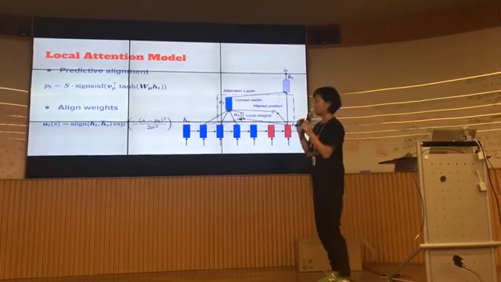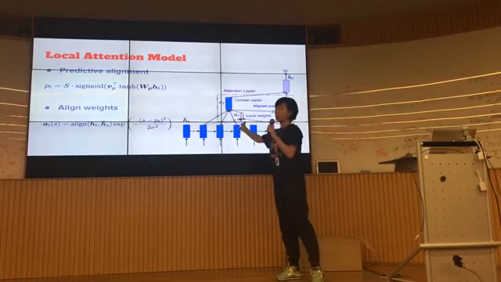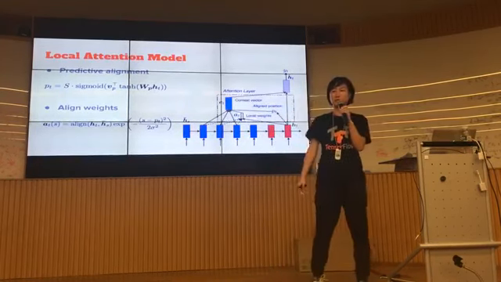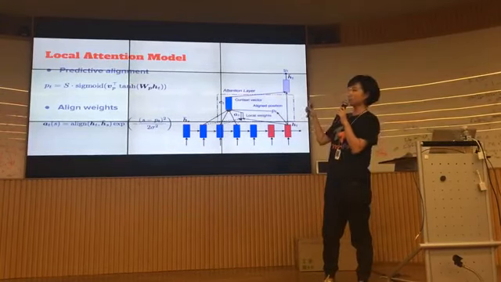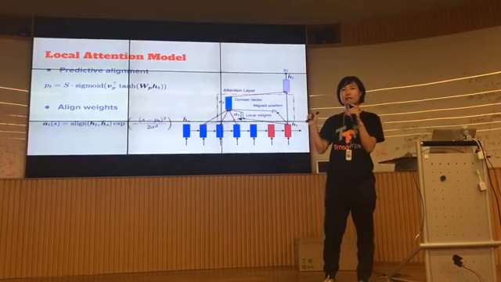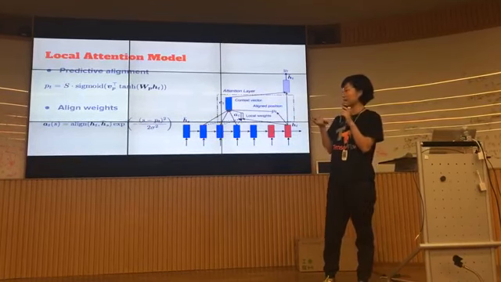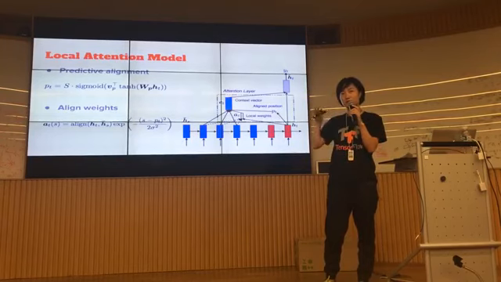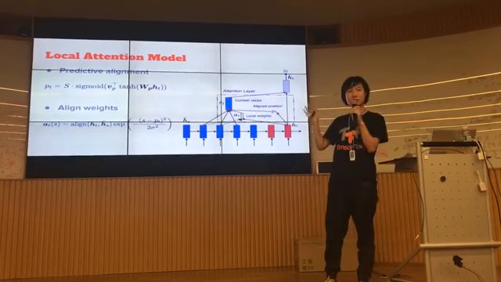After you get this window, you use this function to get the alignment weights for the source hidden states within this window. Then CT is calculated by the weighted sum, considering only the source states within this window. So this is local attention.